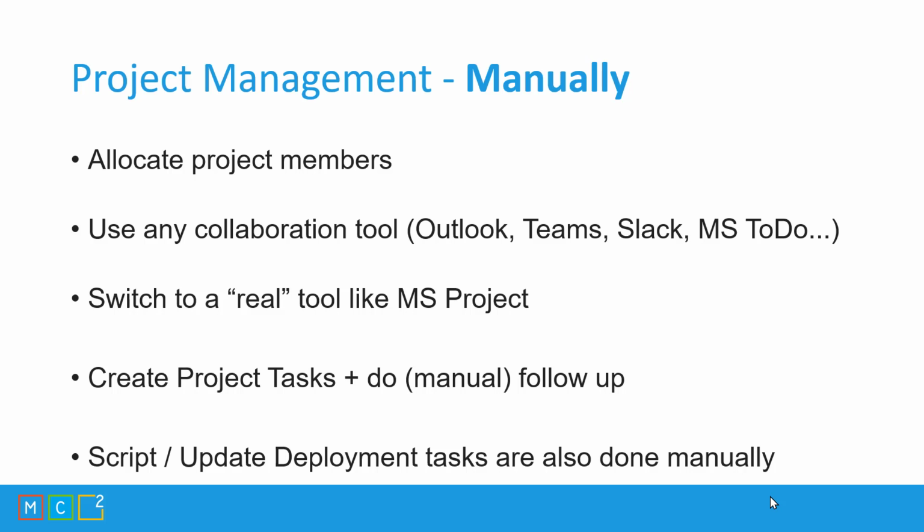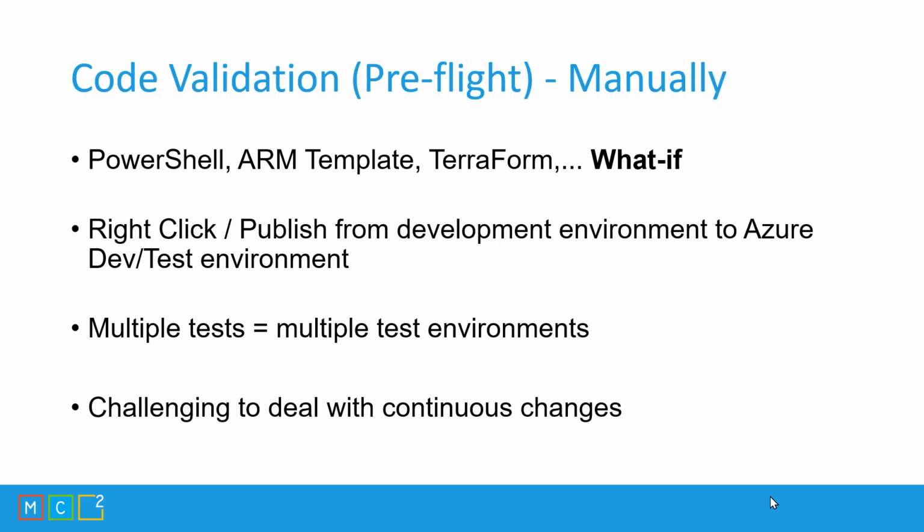And in some larger organizations, obviously we see some tools like Microsoft Project, where you can do end-to-end project management, but it's not always that easy to validate the code in between the projects, creating new items and such, or why not keeping track of all the project tasks in a manual way. And next to that, once you have your project items in place, you still need to update and track your code changes. And it's all done pretty manually.